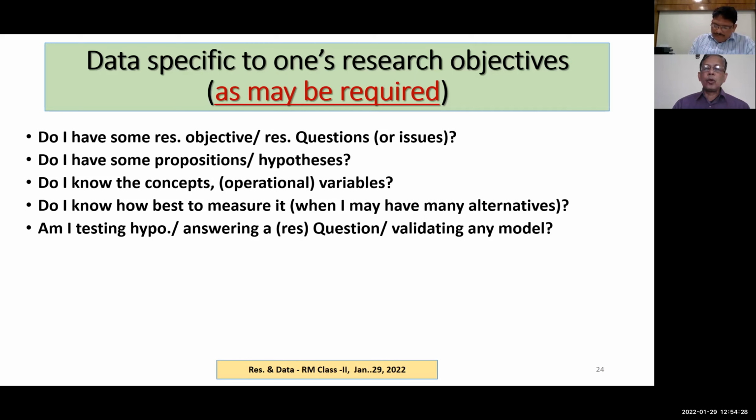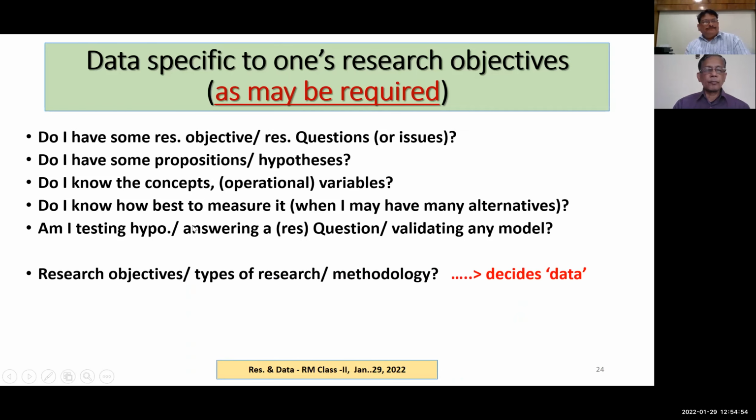All research questions may not require a hypothesis. Or I may have to validate an existing model, right? So these are a few questions that should be discussed first by ourselves before deciding the data requirement, right?